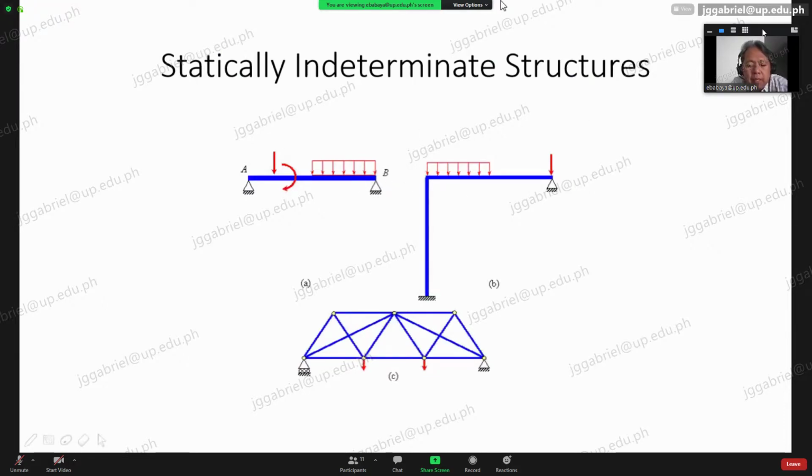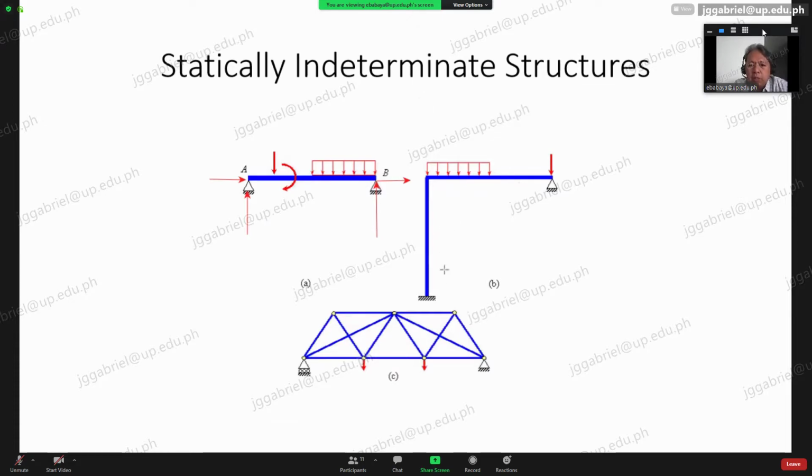If you have a pin, the restraint increases. Instead of only a vertical restraint, you also have a horizontal restraint here. Horizontal and then vertical. So instead of 3, you have 4. That makes it indeterminate, because your unknowns now exceed your available equations.